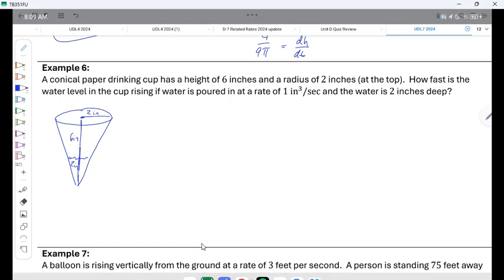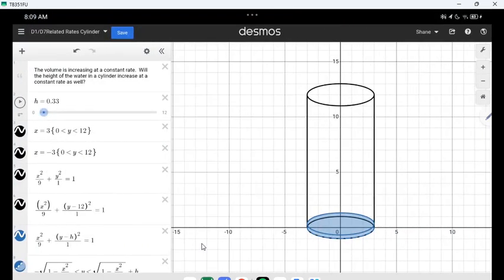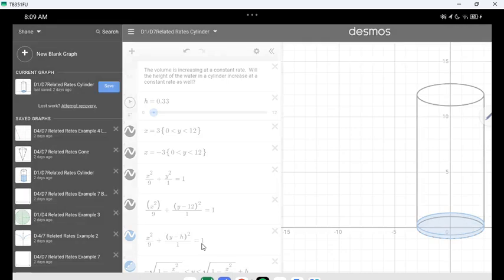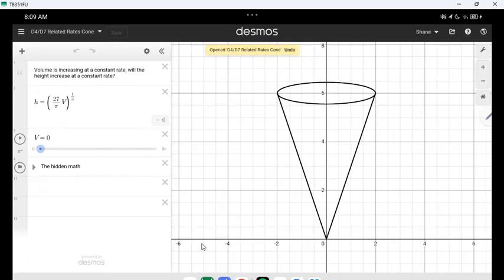Let's take a look at the picture for a second on Desmos. In this one I had to do a little bit more work because the volume is the thing that's constant. If I pour water in at a constant rate, does the height increase at a constant rate? That should make perfect sense, right? Because I have a whole lot more to fill.